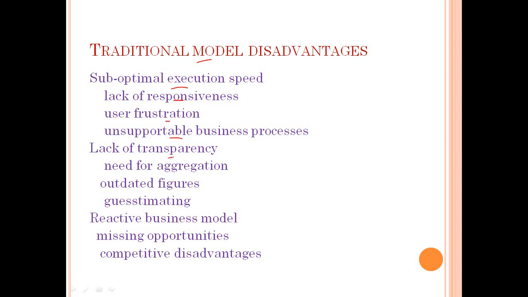And lack of transparency. So need for aggregation and outdated figures, guess estimating in the traditional system, and a reactive business model. So we are missing opportunity because of this traditional system, and it is a competitive disadvantage. All these are disadvantages in the traditional model.